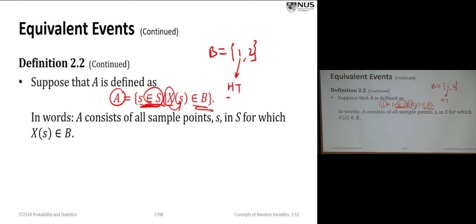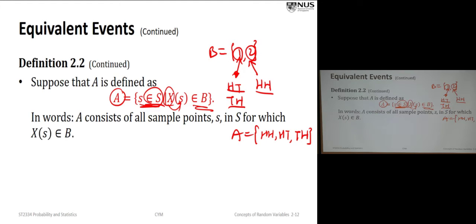HH will give me a value 2, because this X represents the number of heads. So 2 means 2 heads, referring to this one. 1 means 1 head, referring to this and this. So A will consist of HT and TH. So this is my A.